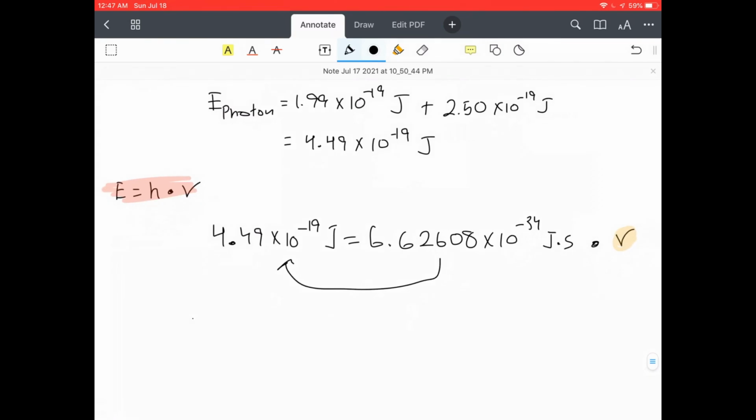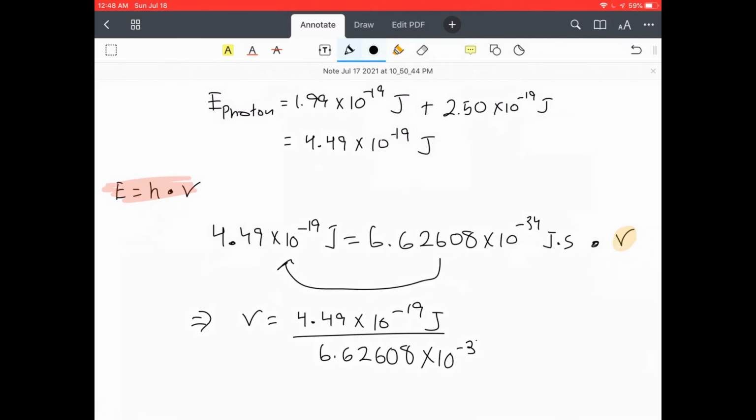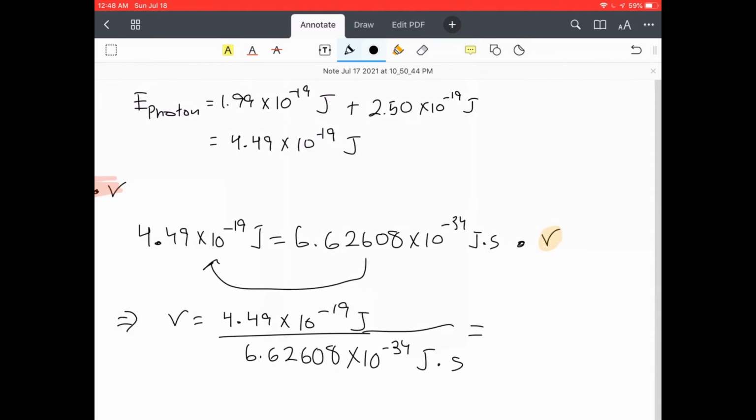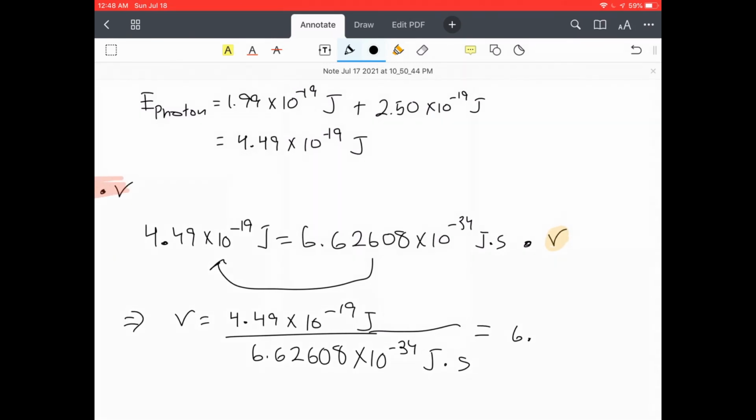So what I'm going to be left with is frequency of the photon is equal to 4.49 times 10 to the negative 19 joules divided by 6.62608 times 10 to the negative 34 joules times seconds, and I get 6.78 times 10 to the 14.